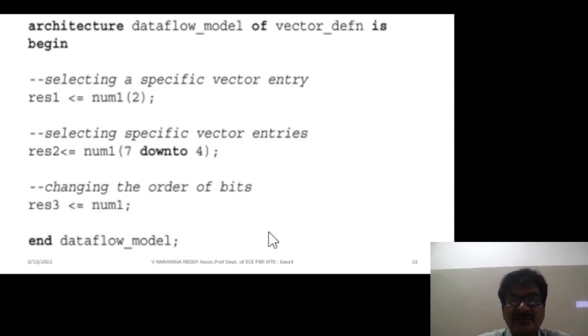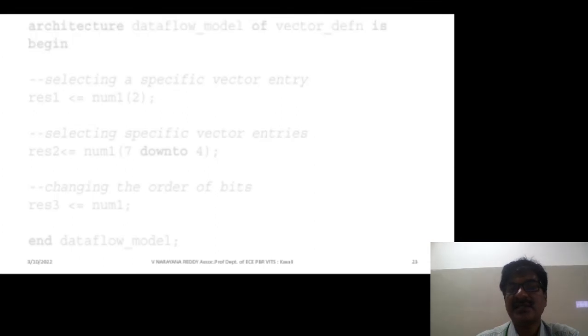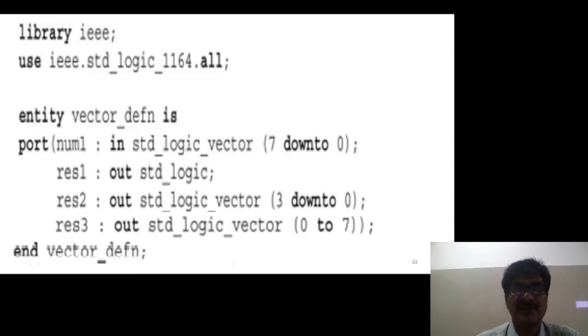So this is the example I have chosen for the usage of signals and declaration of arrays and their assignment to the outputs. This example shows how objects and data types are used. Here you can observe 2 data types: one is std_logic and another is std_logic_vector. In the single bit case std_logic is enough.